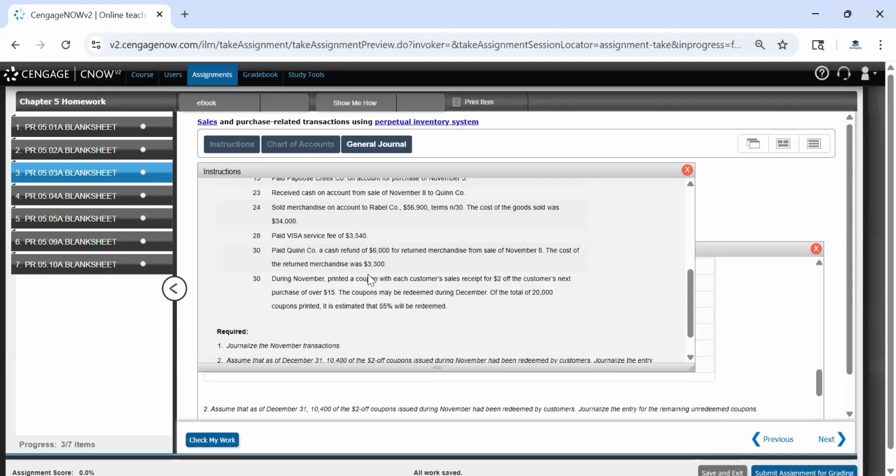Now on the 30th, we paid Quinn Company a cash refund for returned merchandise from the sale on November 8th, and the cost of the returned merchandise was 3,300.